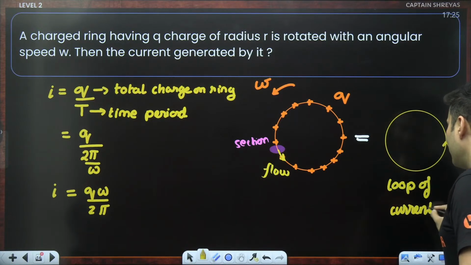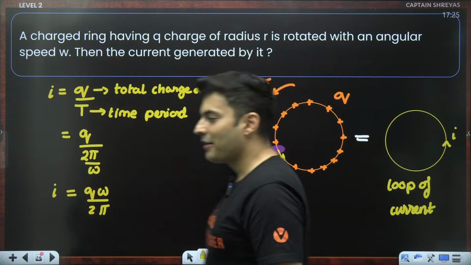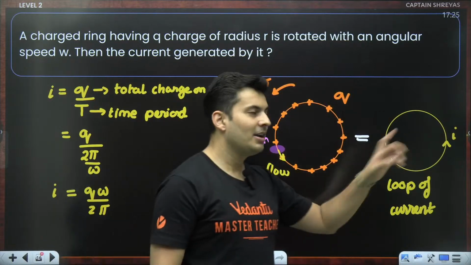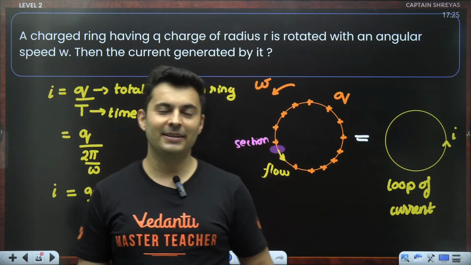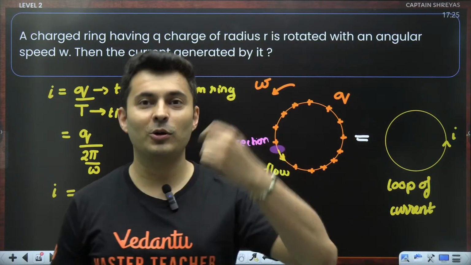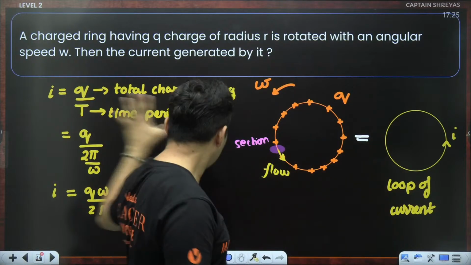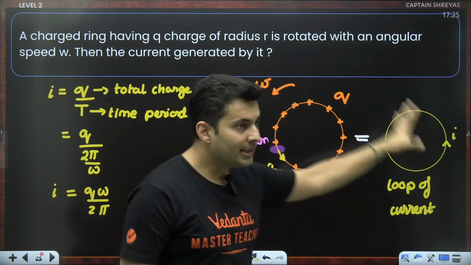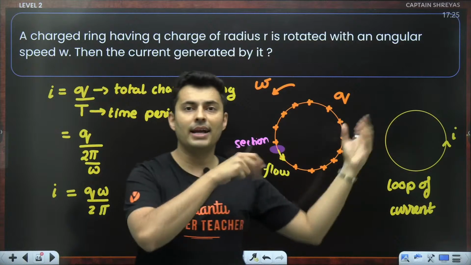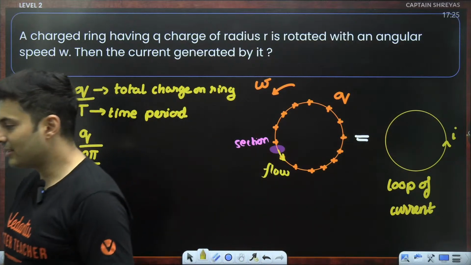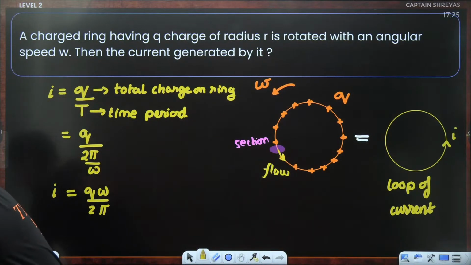You will see in magnetism also this plays an important role, where this loop of current will produce its own magnetic field, and this loop of current can also have its own magnetic dipole moment and all of that. So this becomes the basis of that problem which comes in magnetism.